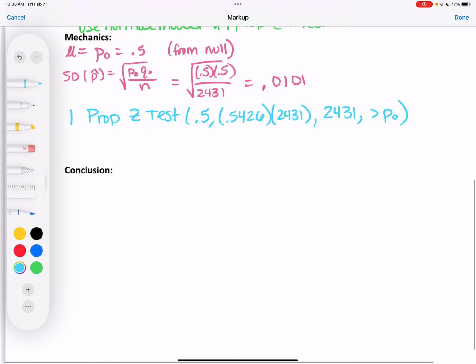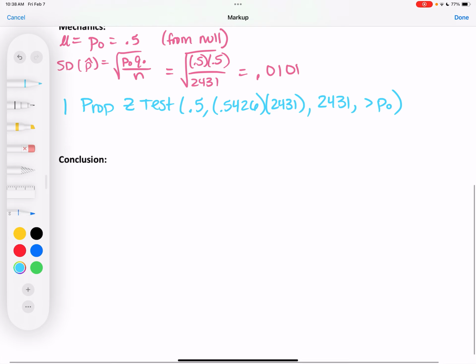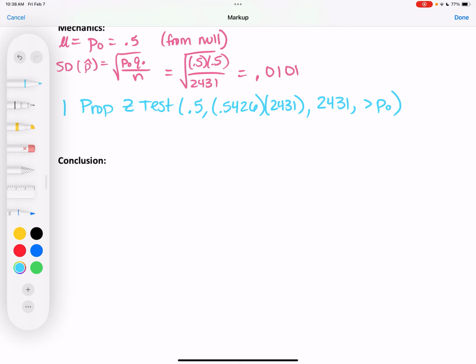All right, so if I type in the 0.5426 times 2431, what you're going to notice is it gives me a decimal. So you can wait and multiply it in here, or you can multiply it and then type just the number in. But it's got to be a whole number, because if I type it in with this decimal, it's going to come up and tell you there's a domain error.